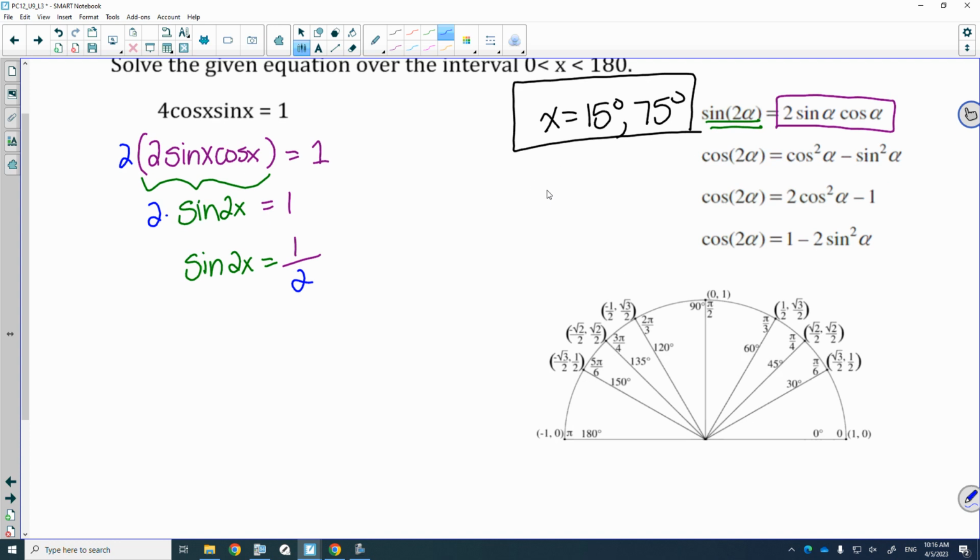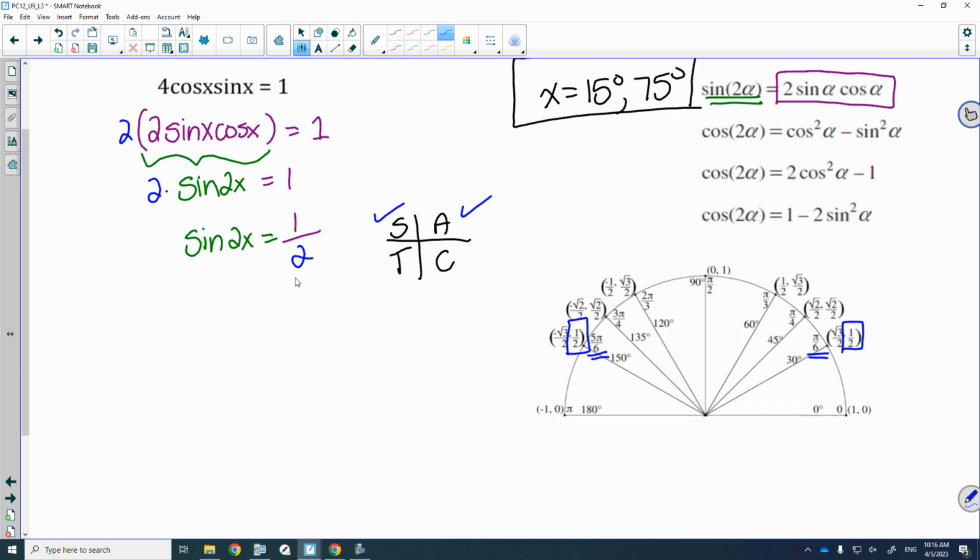So on my unit circle, according to CAST, sine is positive in these 2 quadrants. Where is y on my unit circle 1/2? Pi over 6 and 5 pi over 6, right? Those are my 2 answers.